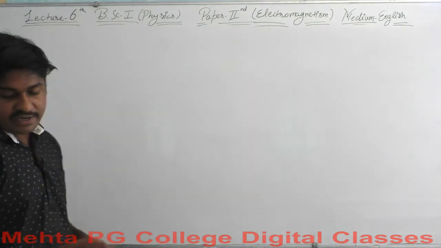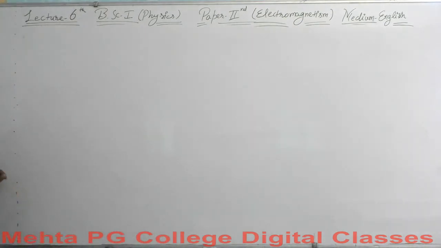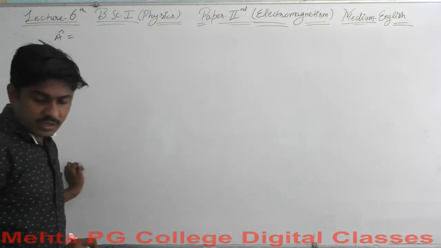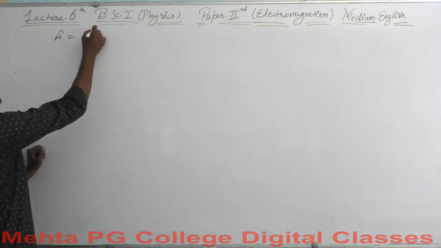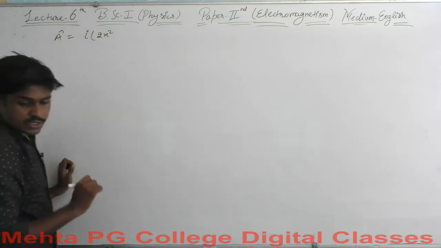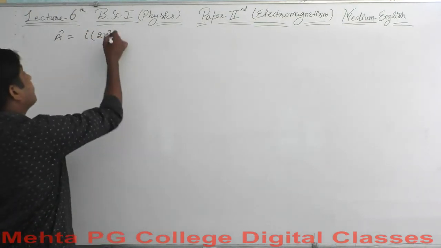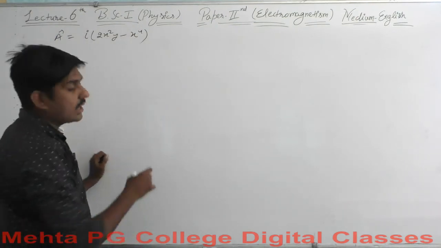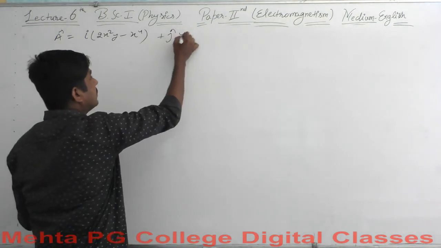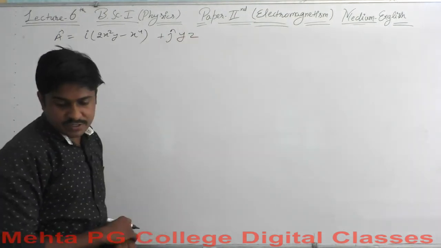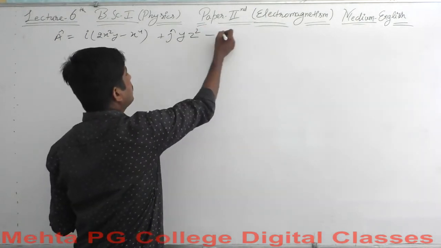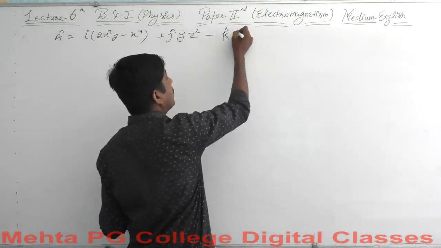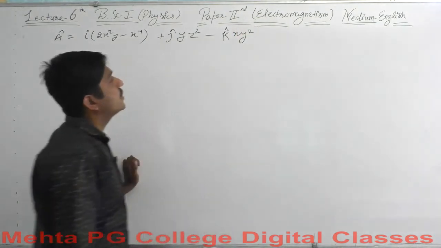Let's say here is a vector function. You say A vector is equal to i cap (2x square y minus x raised to power 4) plus j cap (y z raised to power 2) minus k cap (x y raised to power 2).